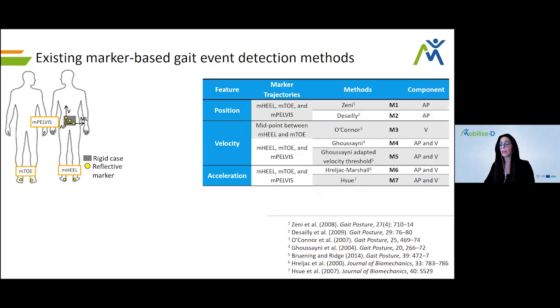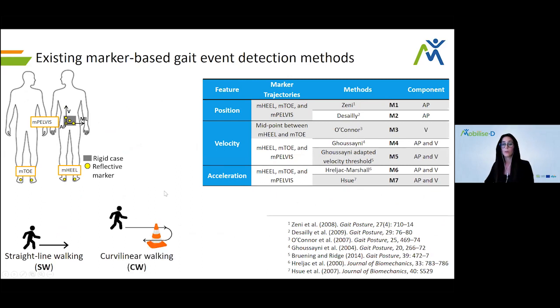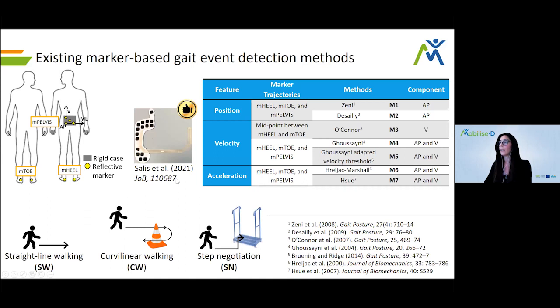So to assess how different algorithms proposed in the literature work on data from tasks that include straight line walking, but also curvilinear walking and step negotiation, what we did was evaluate how they are performing compared to the temporal information that we can directly detect from pressure insole data.